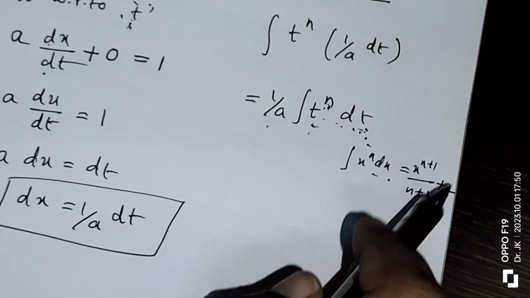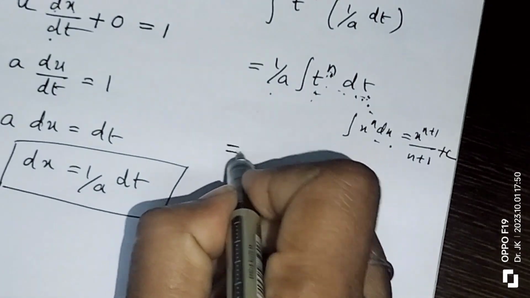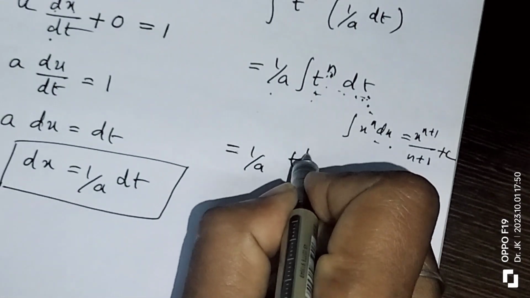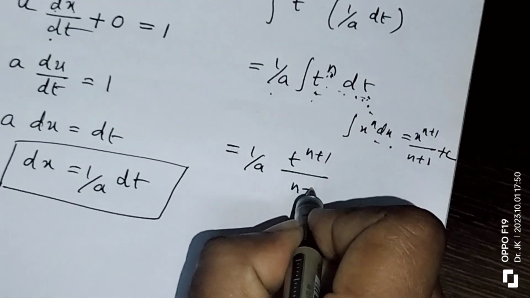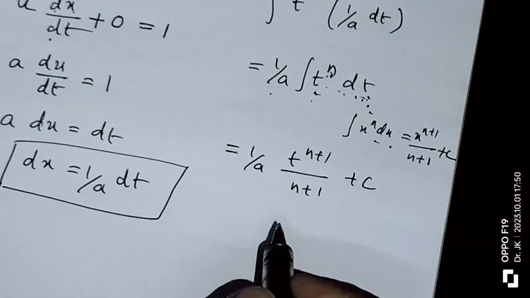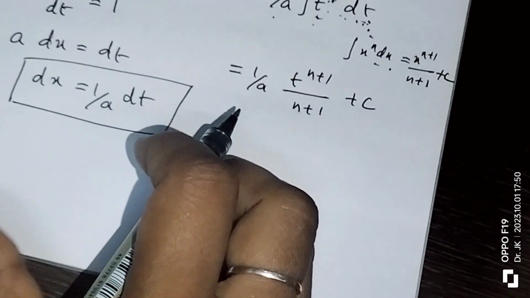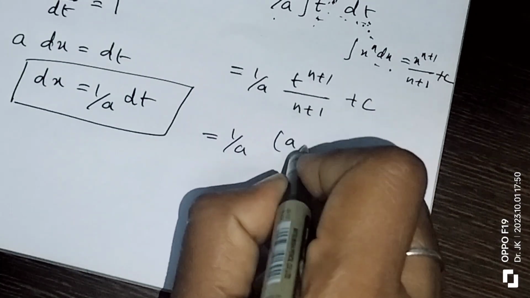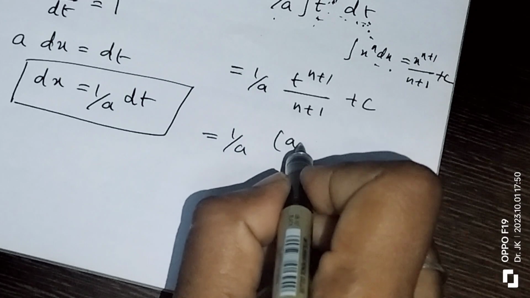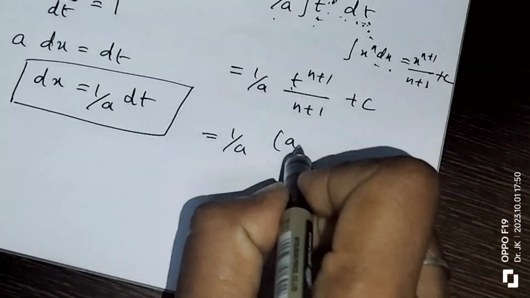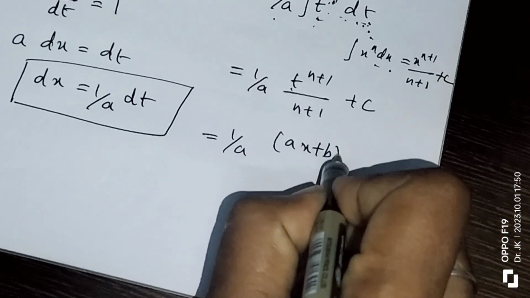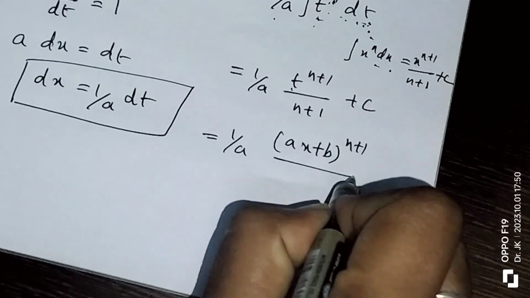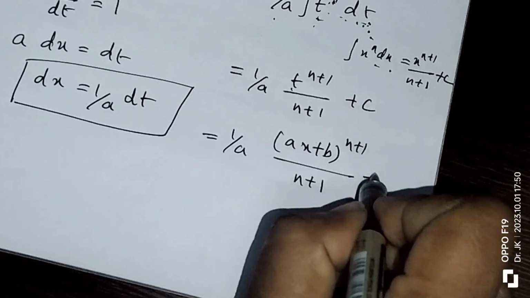So that will be 1 by a into t power n plus 1 by n plus 1 plus c. But t is equal to ax plus b, so instead of t we write (ax plus b) whole power n plus 1 by n plus 1 plus c.